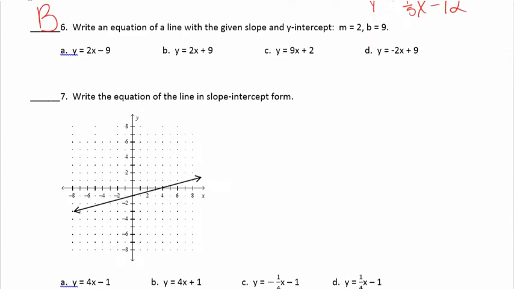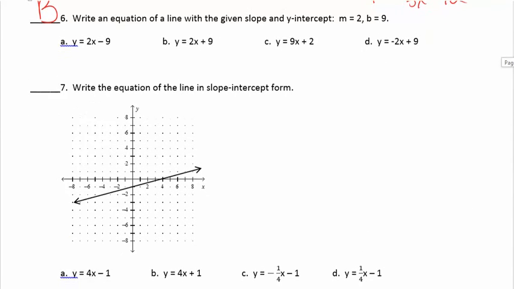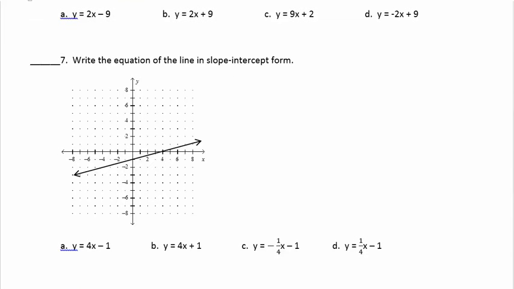Number 7 is asking you to write the equation of the line that's graphed in slope-intercept form. So you have to have 2 things. You have to have the slope, and you have to have the y-intercept. So we look at the graph and we see that it crosses the y-axis at -1. So that's -1 at the back. And we simply count.